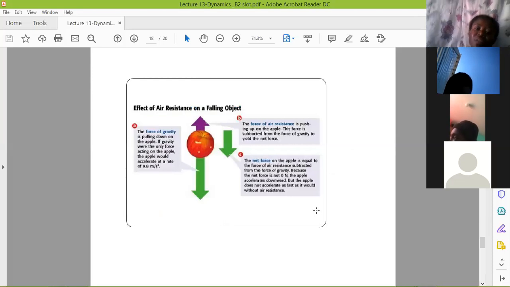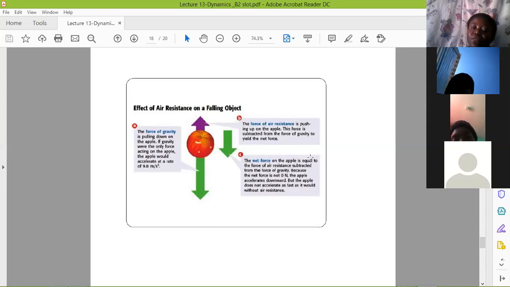So the effect of the air resistance on a falling object, for example here you have an apple. You can see that there's a force of gravity, the weight, pulling down, because this object is falling due to the gravitational acceleration. Then this small purple one here is the air resistance, which is trying to oppose this force.